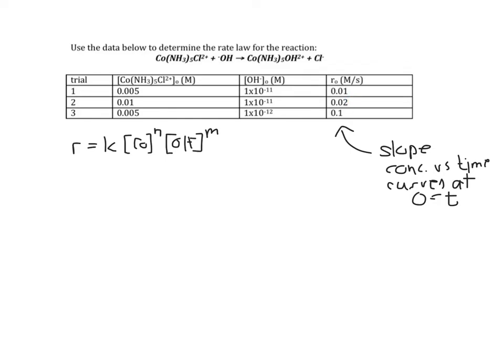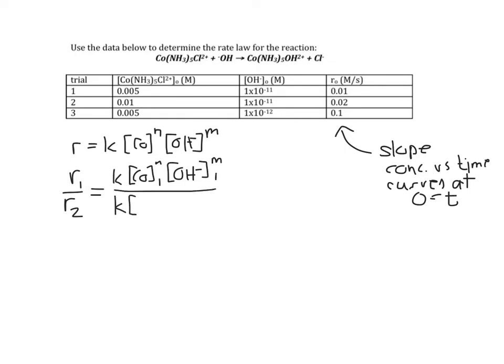The trick here is that if we take the ratio between rate 1 and rate 2, this will have to be equal to the rate constant times the concentration of cobalt raised to the n used in trial 1 times the concentration of OH minus raised to the m used in experiment 1 divided by the same thing for experiment 2.